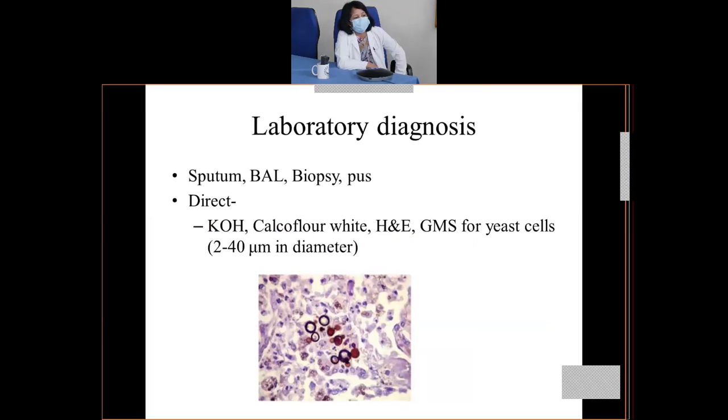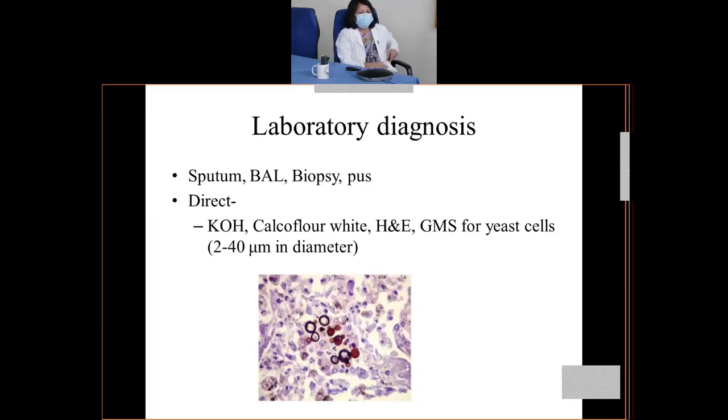So laboratory diagnosis, again, depending on the site of infection, the sputum may be collected, a biopsy sample may be collected, and pus sample. In the direct examination, potassium hydroxide or calcofluor white, hematoxylin eosin, or GMS stain for the yeast cells can be done. So you'll see yeast cells of approximately 2 to 40 micrometer in diameter.